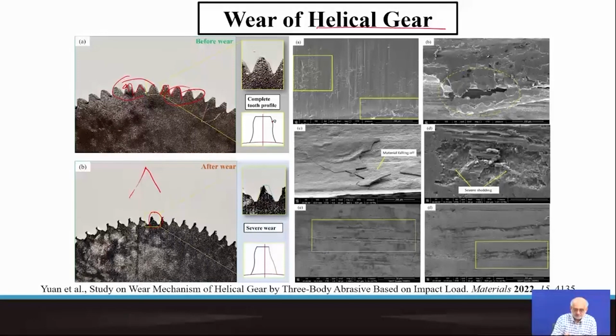So the tooth which was initially like this, after the wear develops, shows degradation in this region, which we don't want. This is the profile that needs to be maintained, and not this kind of a profile which is formed due to surface degradation or wear or progressive loss of material.